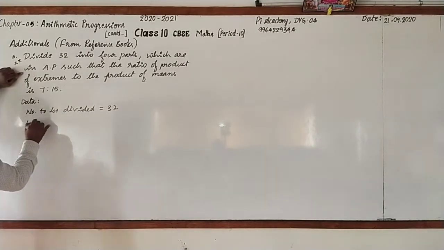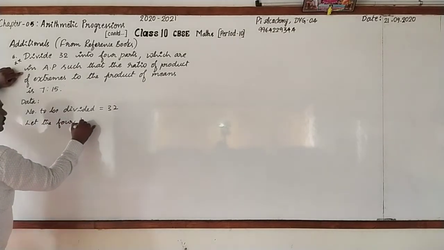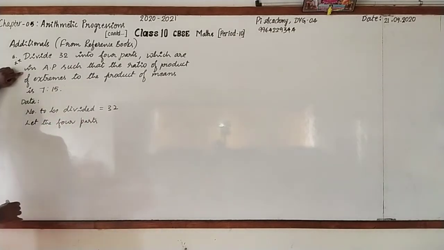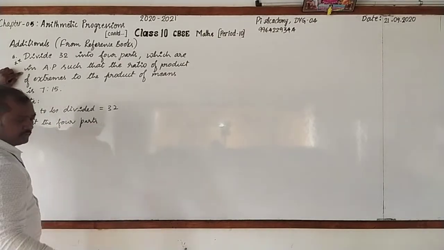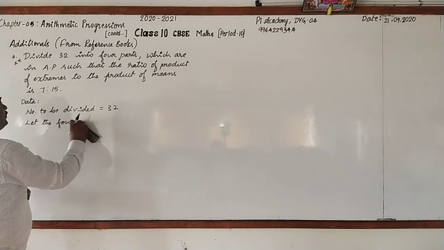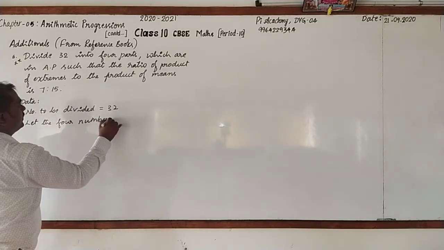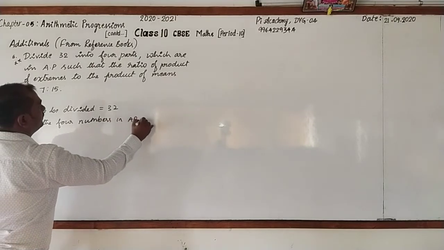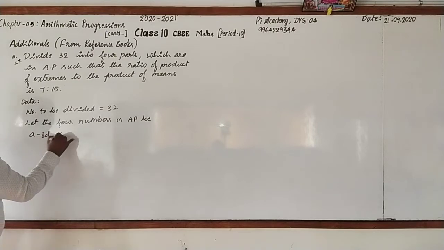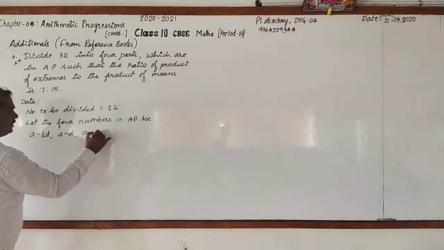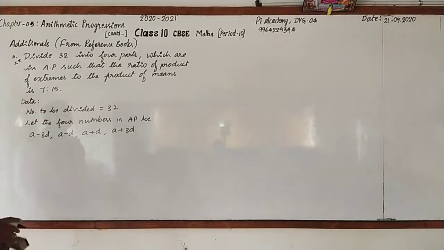So here let us assume that the 4 numbers in AP be a minus 3d, a minus d, a plus d, a plus 3d. Hope that you have understood.